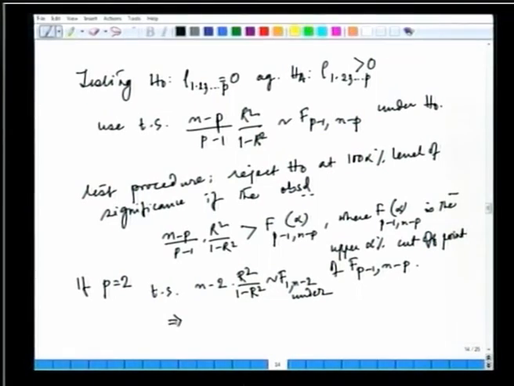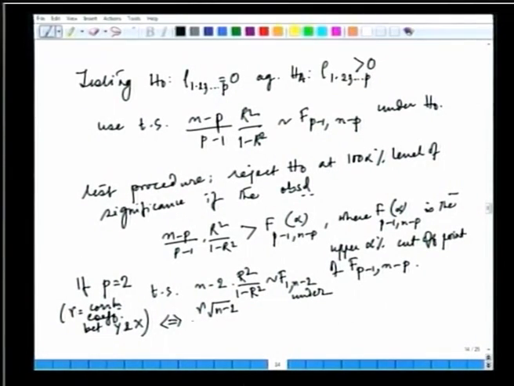this is equivalent to saying that the root of this, that is r root n minus 2, where r is the correlation coefficient between y and x. Now there is no question of x1, x2 to xp minus 1.